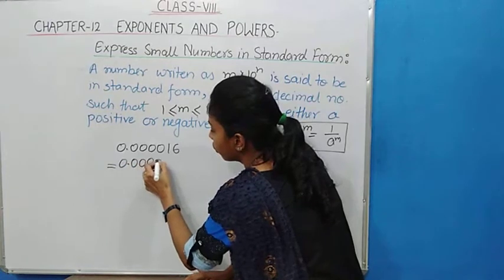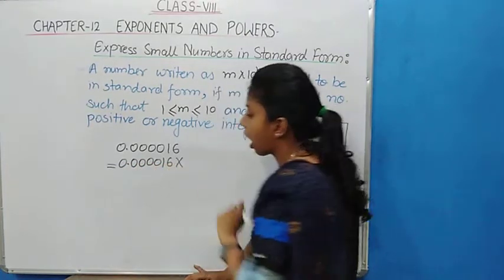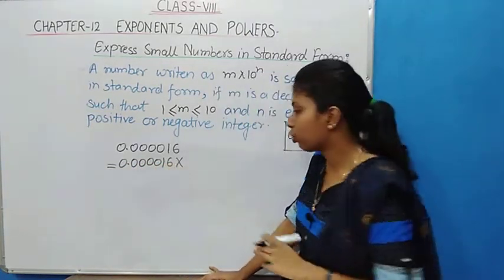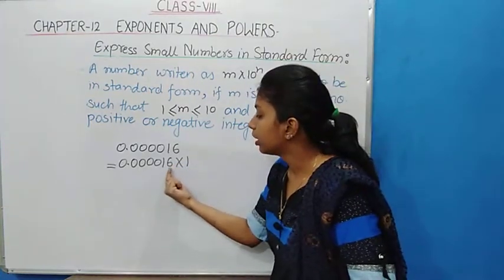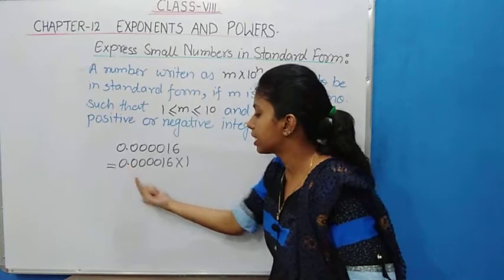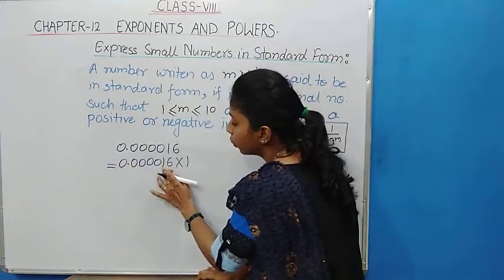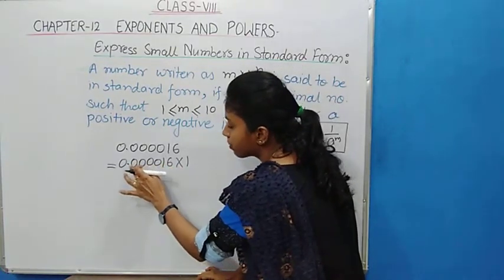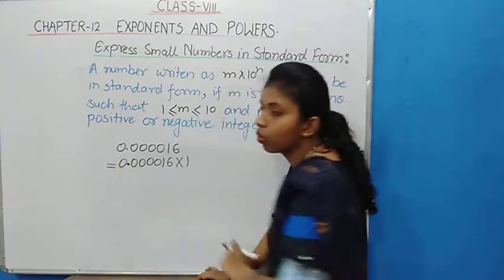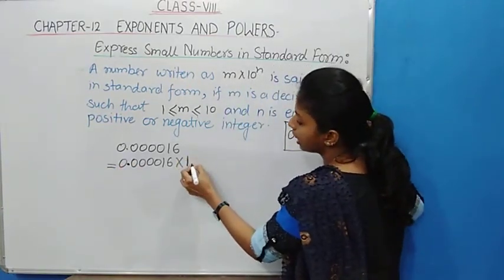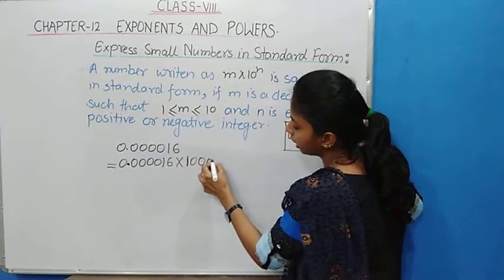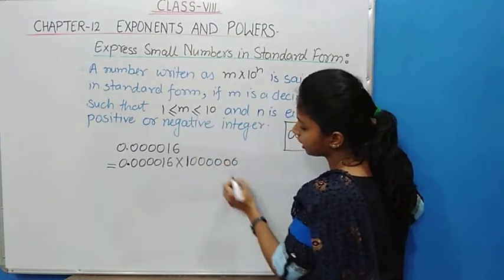So let's do it. We multiply with 1 and how many 0s? Before the number of digits we have the decimal. So let's count 1, 2, 3, 4, 5, 6. We have the decimal before 6 digits. So we're going to multiply with 1 and 6 zeros.